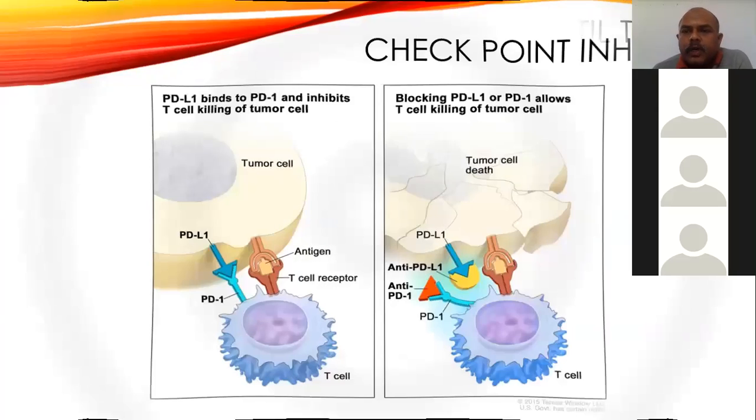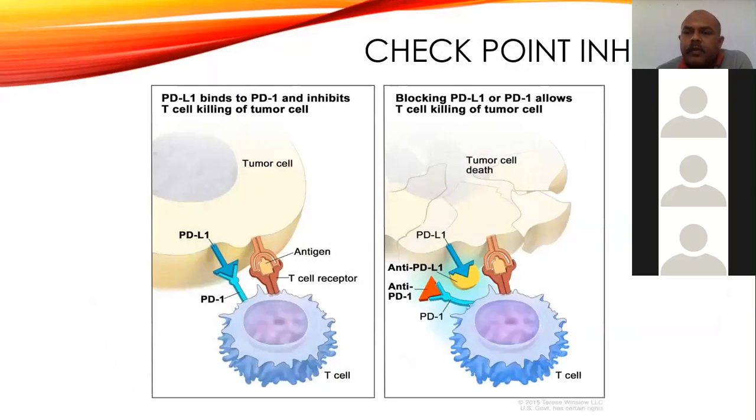Some of you must have heard about the checkpoint inhibitors. This has become, I wouldn't say common, but an important tool in fighting advanced cancers, in many cases. The cancer cell is recognized by certain antigens on the surface. This is recognized by the T cell, the immune cell which fights the cancer.